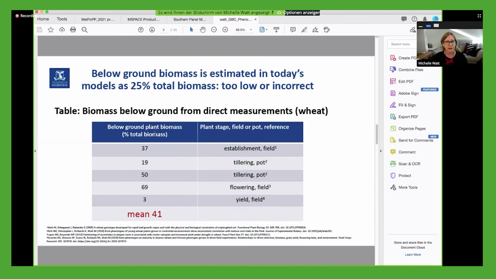And these actual measurements show a very wide range of carbon going below ground in biomass and associated compounds, from 3% all the way to 69%. A mean of these more recent measurements is 41%.